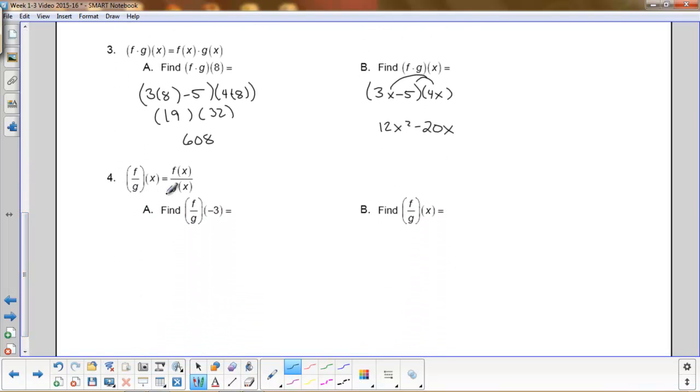Remember, when you're dealing with compositions of functions using division, you're going to want to use your restriction. We'll get to that in just a second. Remember, the restriction is when the denominator is equal to 0.